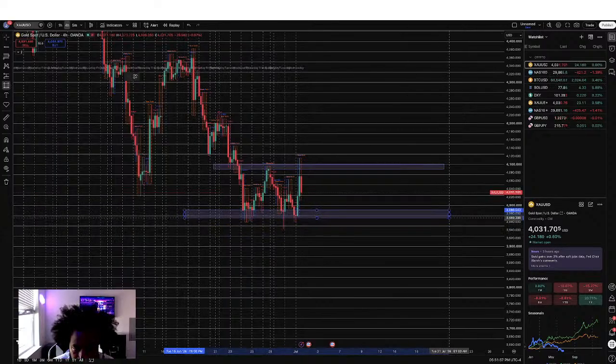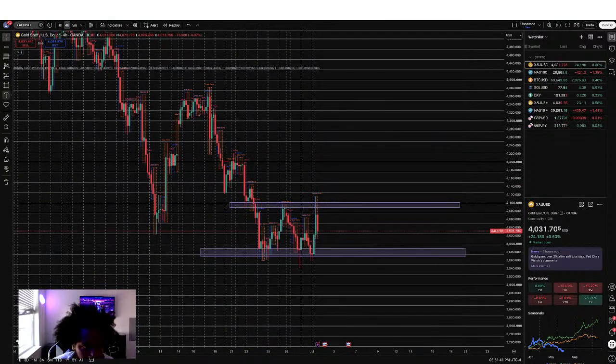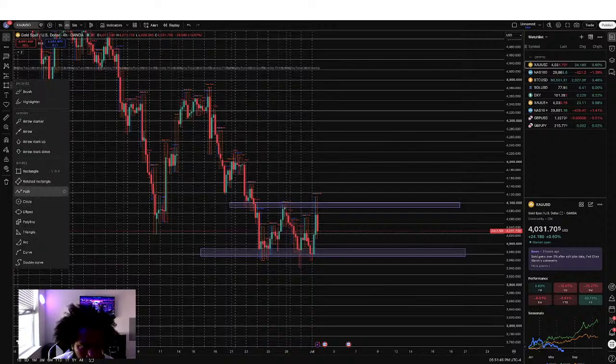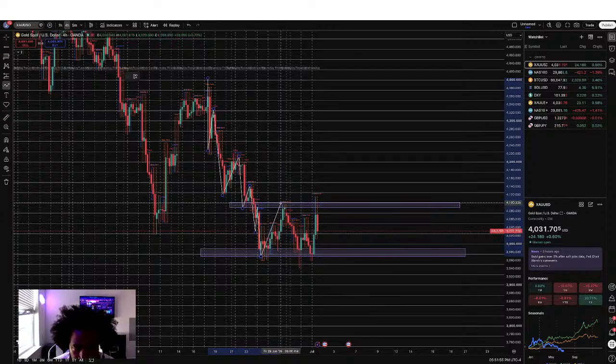After gold did all these moves down here, those were the best times to trade gold because it was trending. You only want to really trade when the market is trending. Now you can see it's starting to move side to side, especially after rejection of this right here.